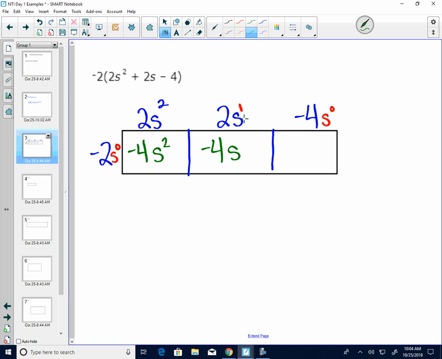And then negative 2 times negative 4 is a positive 8, and s to the 0 times s to the 0 is s to the 0, which is 1, and 8 times 1 is just 8. So our final answer is negative 4s squared minus 4s plus 8.